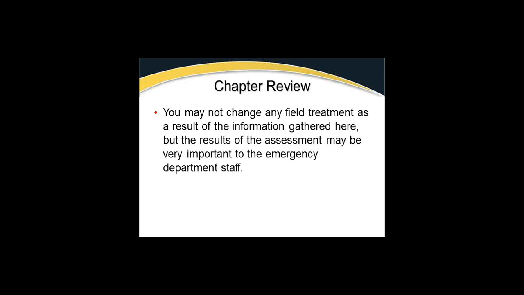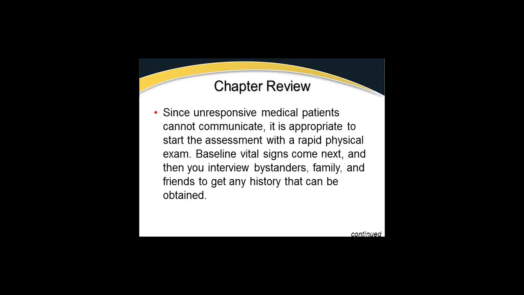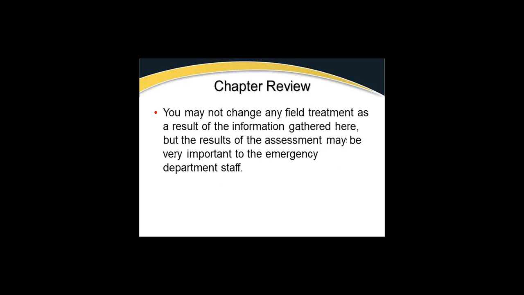There's a lot of things in EMS that we have no control over, we can't do anything about. We don't have all of the luxuries of a hospital at our disposal, nor do we have the appropriate training to do all this. But if we can gather a specific piece of information in the field, it may be that key piece of that puzzle that they need in the ER to get this patient treated.